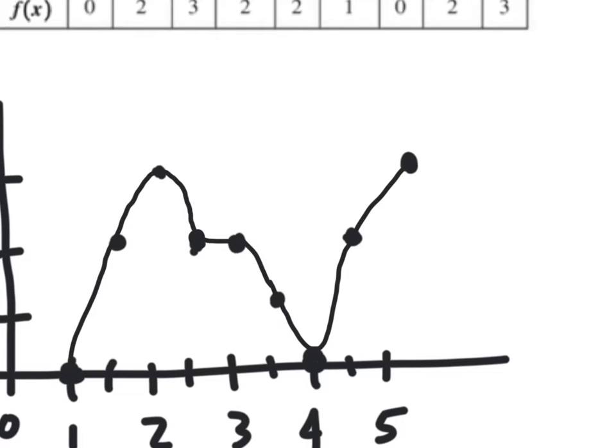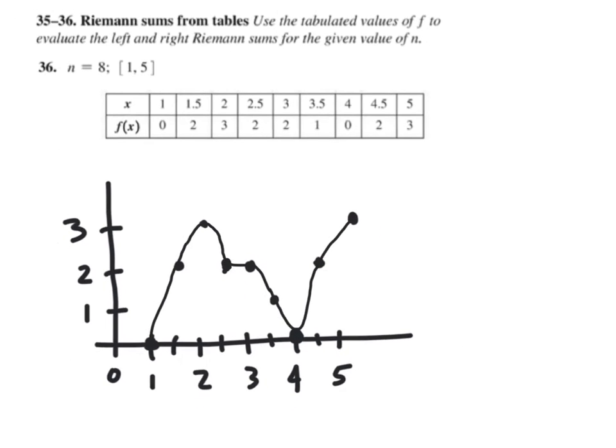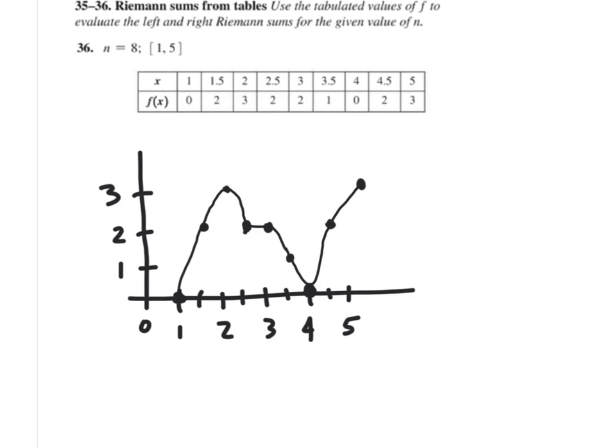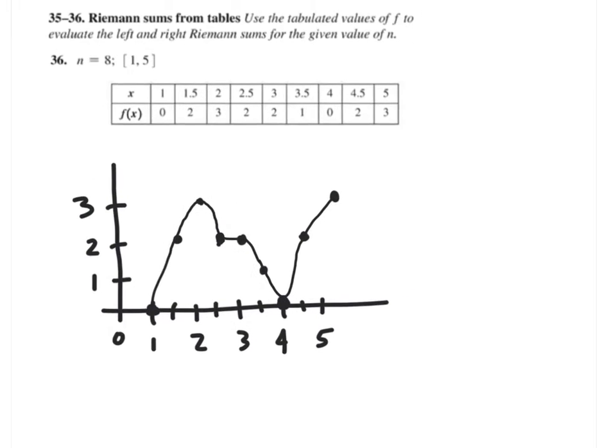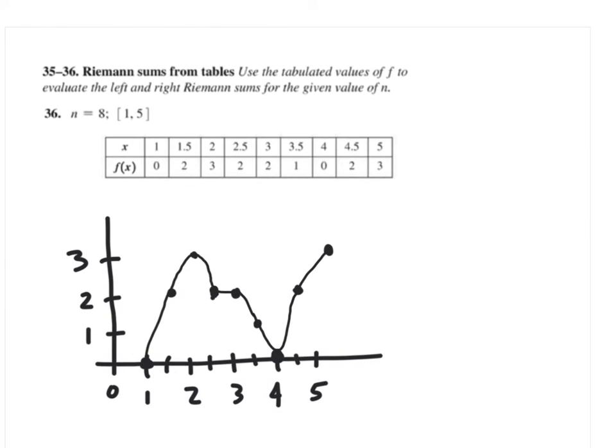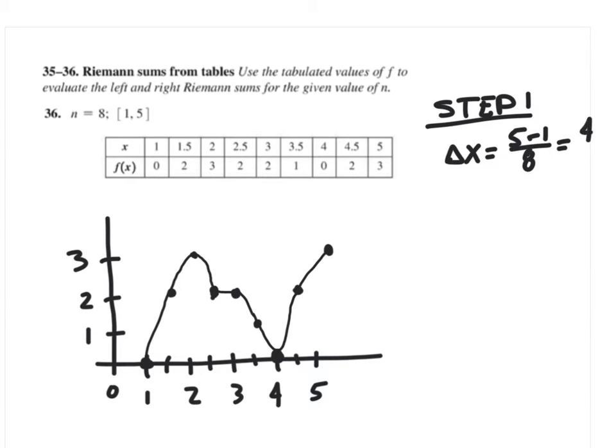The first thing I want to do is figure out my delta x. That's step 1, and that's going to be the same for both. So step 1, we want to calculate our delta x. We're going to use our interval, which is 5 minus 1 all over 8, which is going to give me 4 over 8.